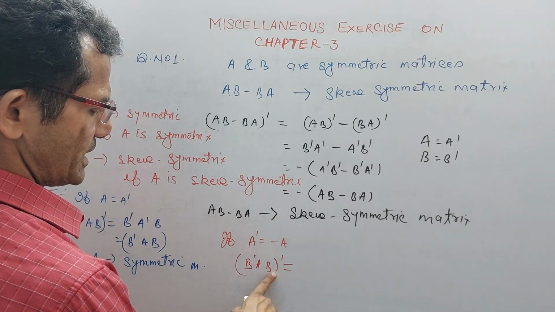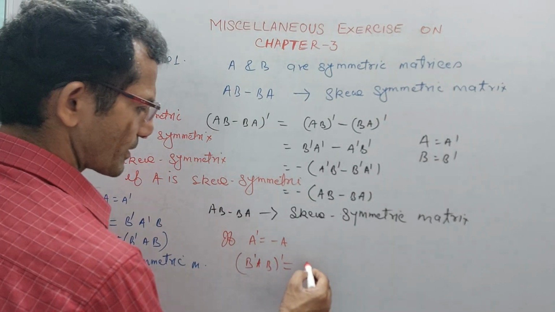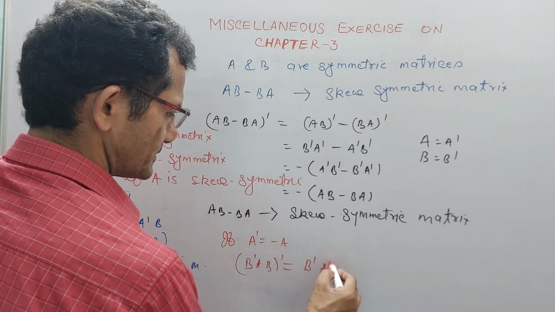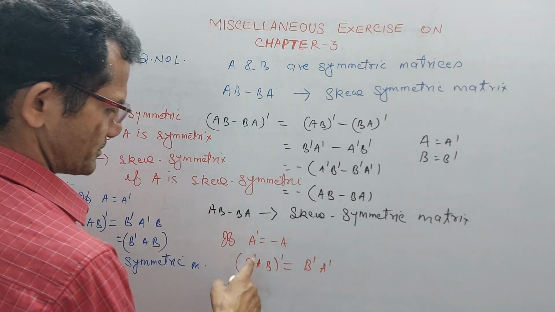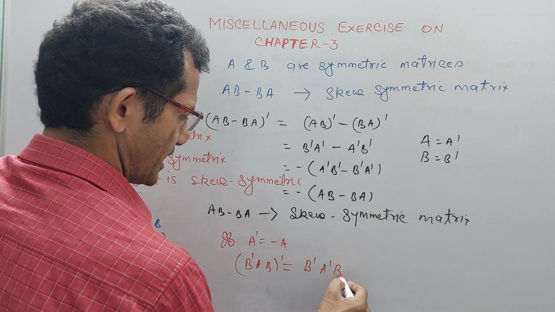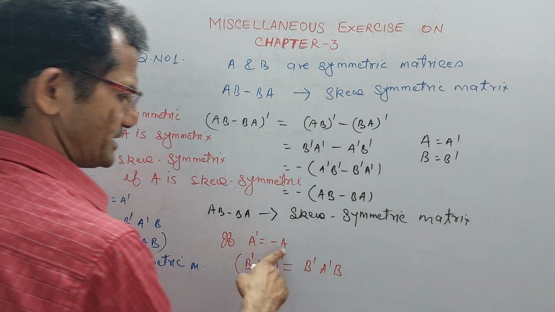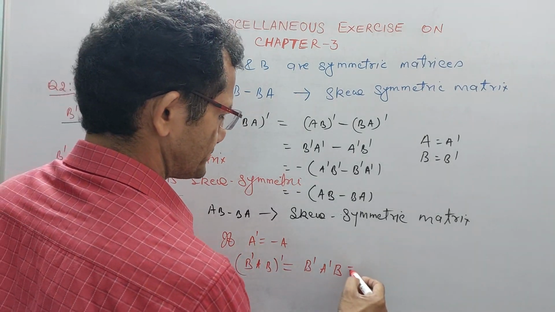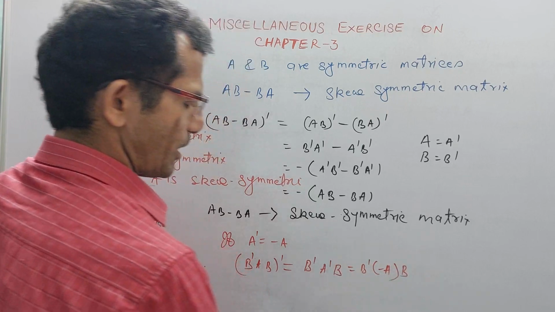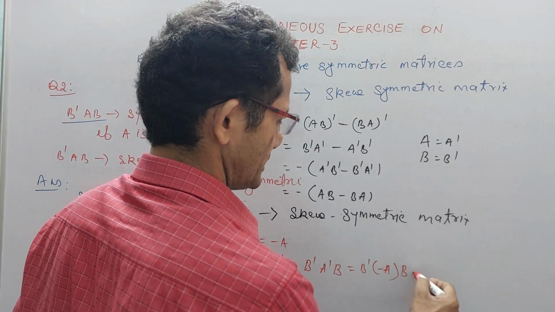First take from the end, B transpose, then A transpose, and the double transpose of B becomes matrix B. Now replacing the transpose of A with minus A, the minus 1 is a scalar taken outside.